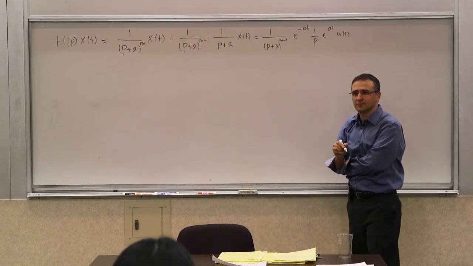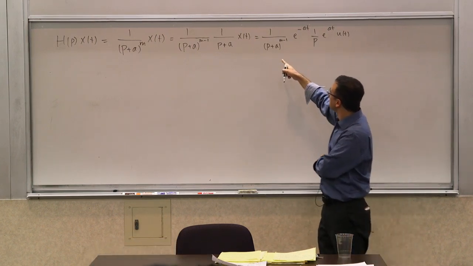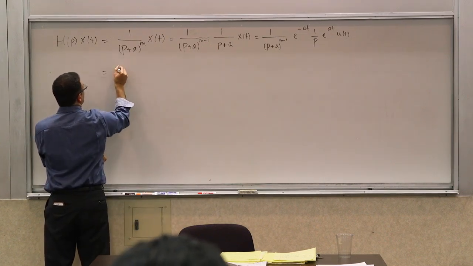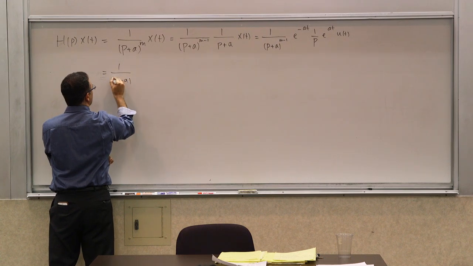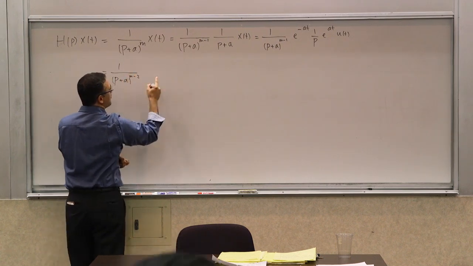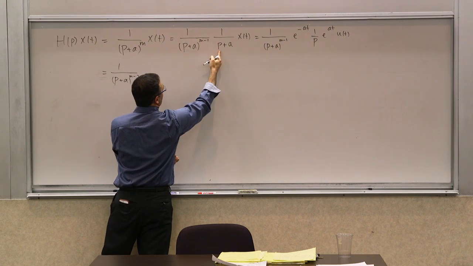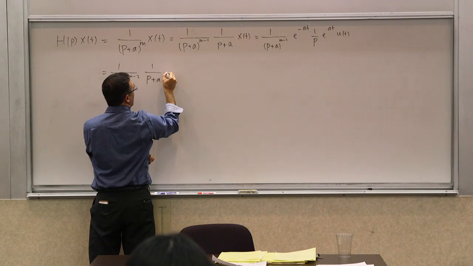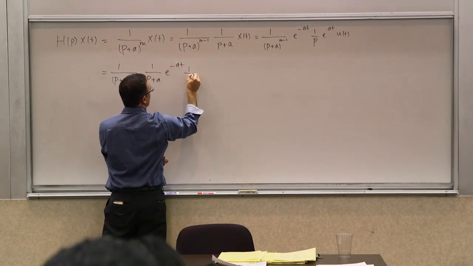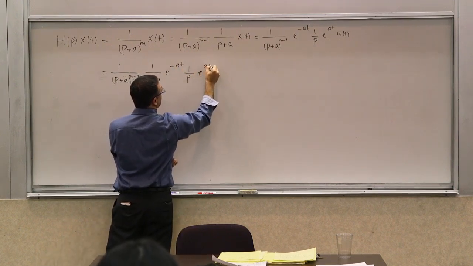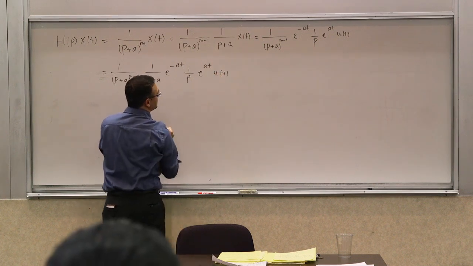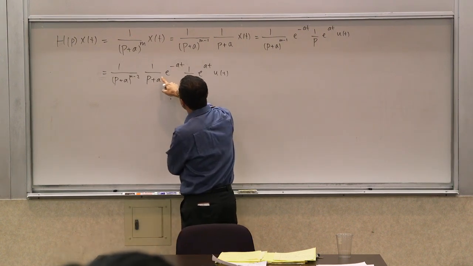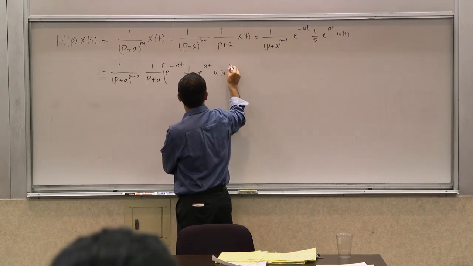That's what this does. Now if I apply the next one, take one more of these and apply, what do I get? I get 1 over p plus a to the m minus 2 operating on 1 over p plus a operating on e to the negative at, 1 over p, e to the at, u of t. And what is this when I operate this on this guy?